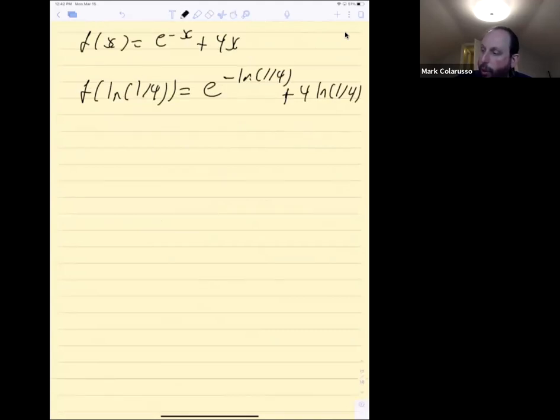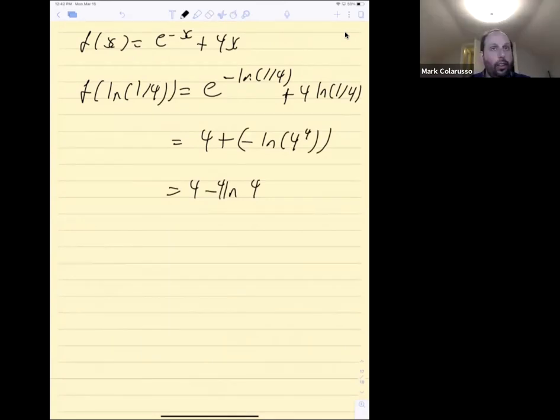So this is 4, and I don't know if you want to say it this way, it's minus ln of 4 to the 4th power, or you can just do 4 minus 4 ln 4. That's probably fine. I might leave it like that. So 4 times 1 minus ln 4.